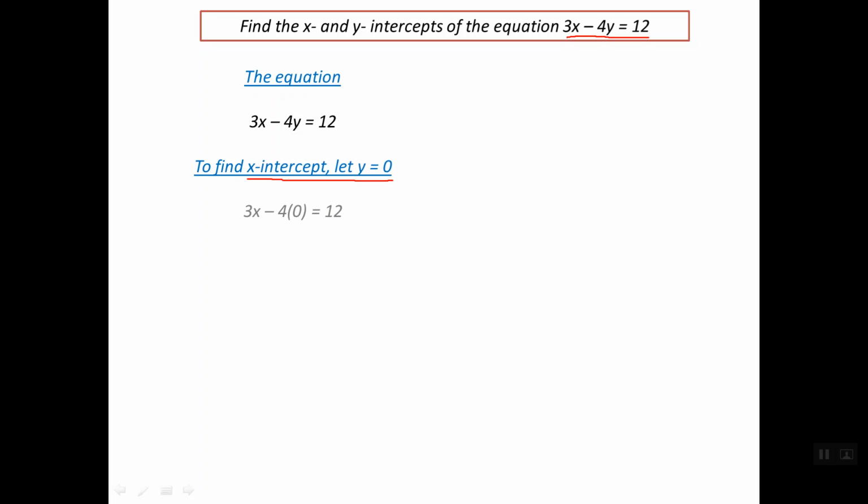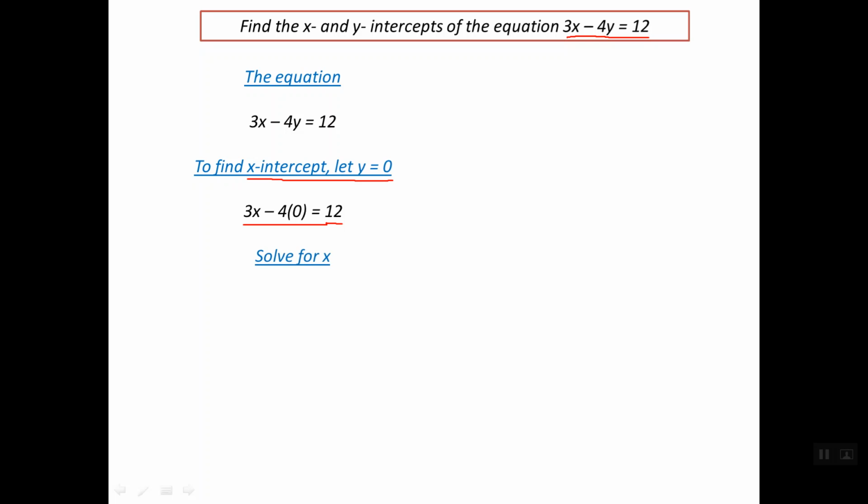The other equation: find the x and y-intercepts of the equation 3x minus 4y equal to 12. The same way, in order to find the x-intercept, we let the value of y be 0 and solve for x. So the equation becomes 3x minus 4 times 0 is equal to 12.